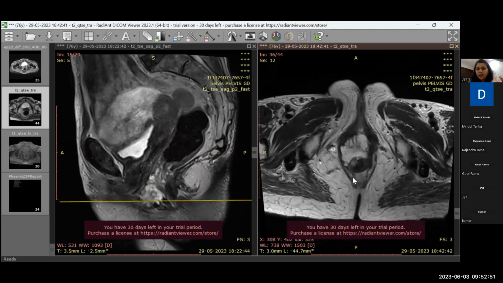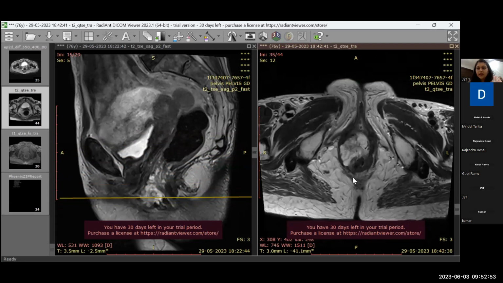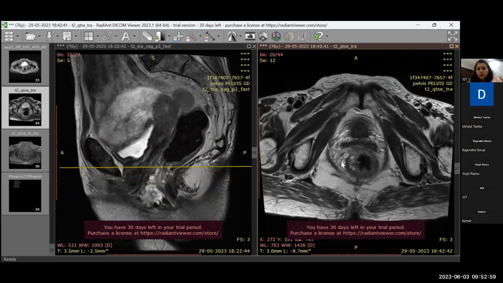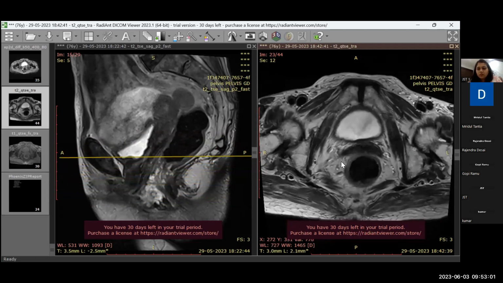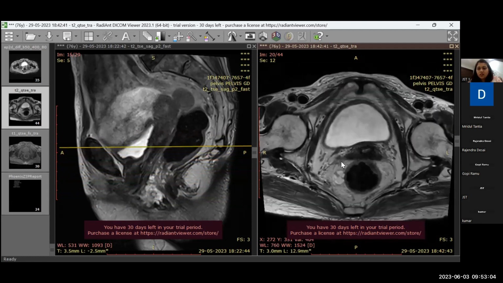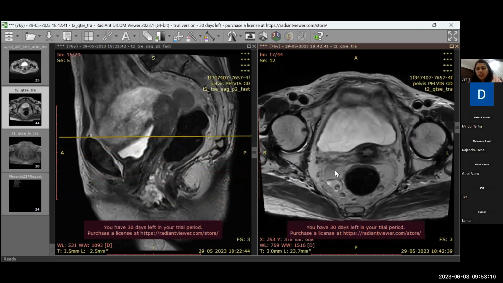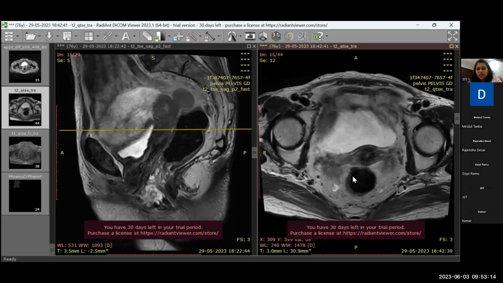We have invading or involving the external sphincter as well. More superiorly, we can see T2 hyperintense nodes showing necrosis and mucinous changes. All these nodes are very heterogeneous.